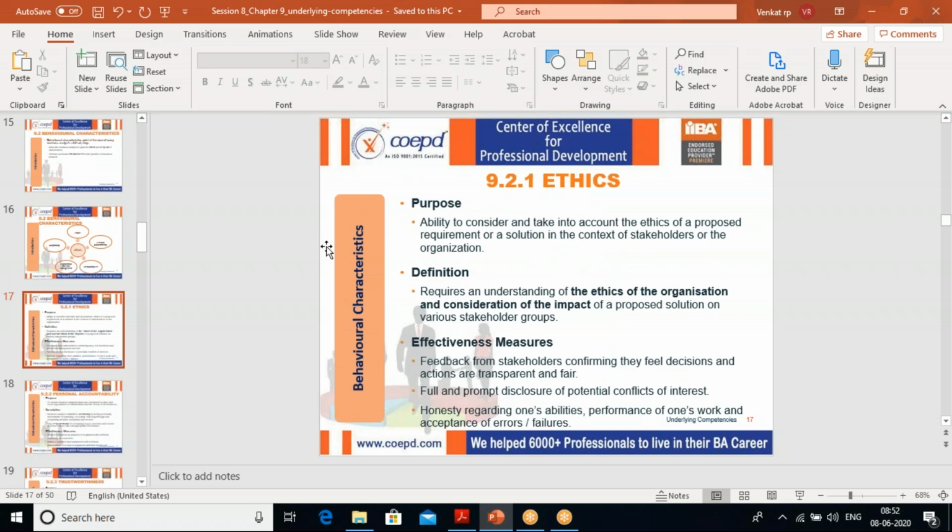Now, take any organization; the organization works on some ethics. Another way to understand ethics is the quality policy. The quality policy of a company can reflect the ethics of that particular company.